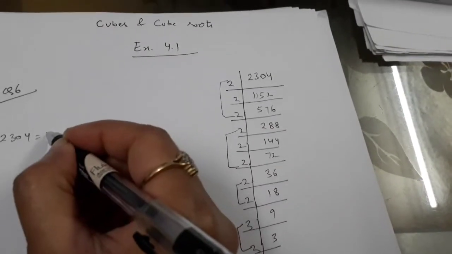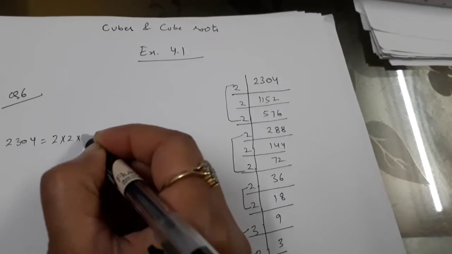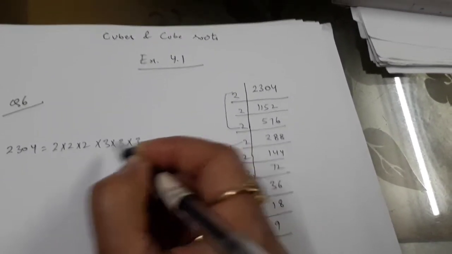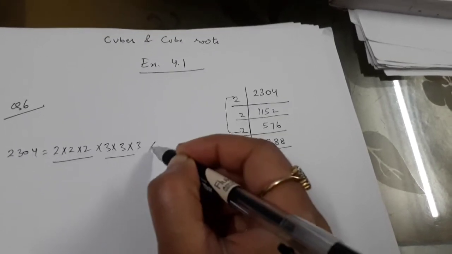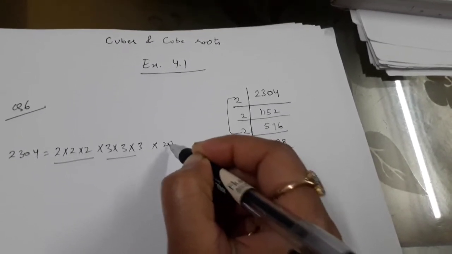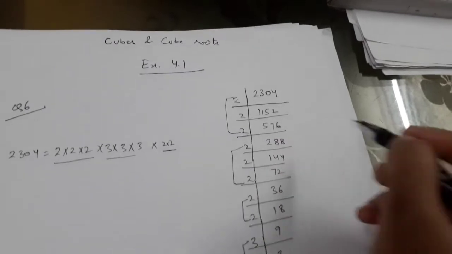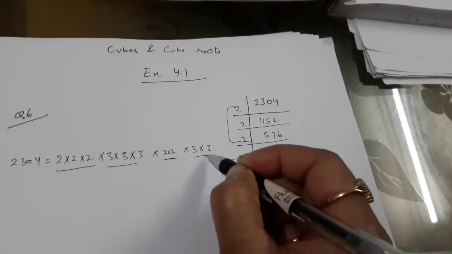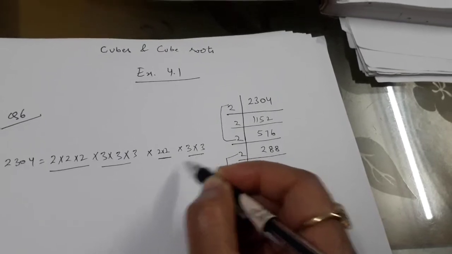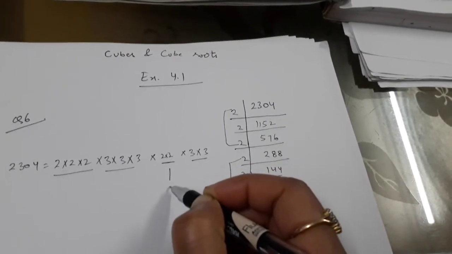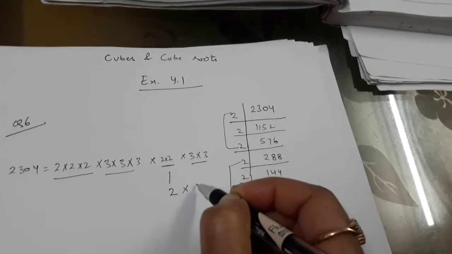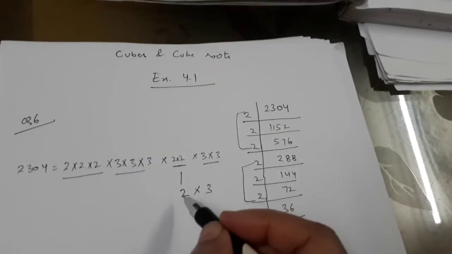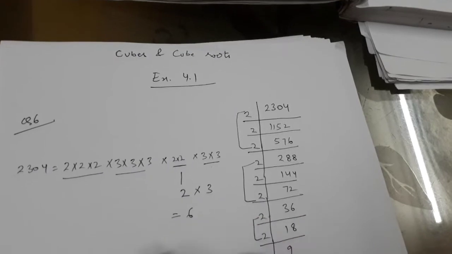So 3 times 2 and 3 times 3, and here only 2 times 2, so 1 more 2 is needed, and here only 2 times 3, so 1 more 3 is also needed. So here we need one 2 and one 3 for having 3 times of everything. So 2 into 3 equals 6.